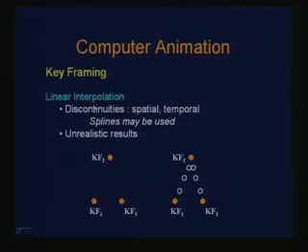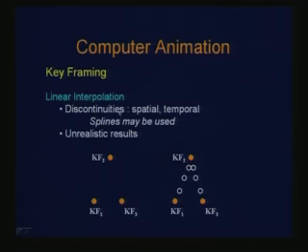Okay. So, now let us see what the consequences are if I use linear interpolation. If I have linear interpolation, one may have discontinuities, right, in terms of spatial discontinuity, or it could be temporal discontinuity, right.